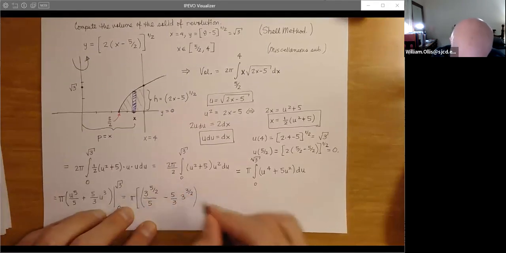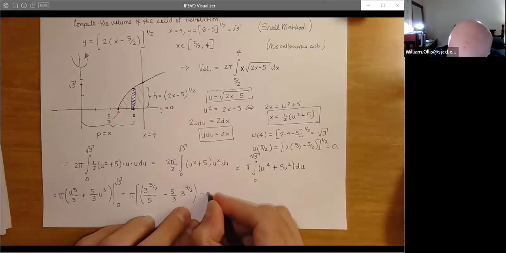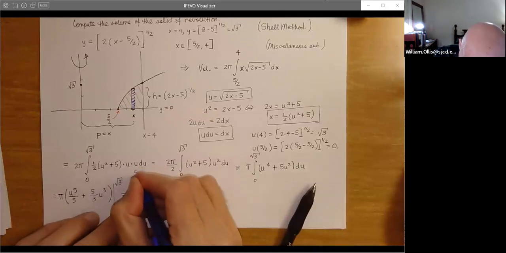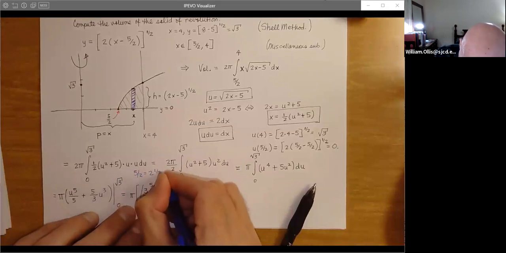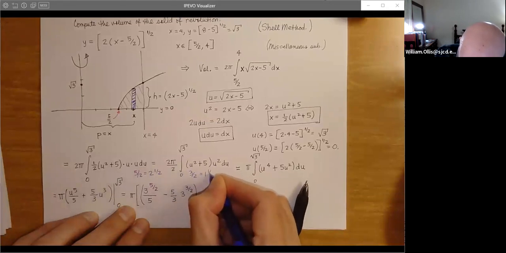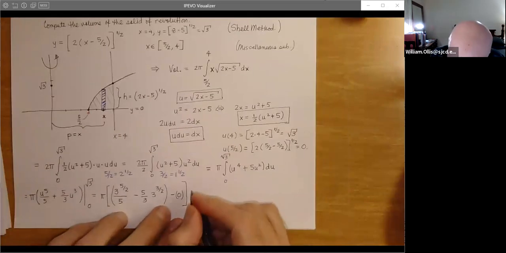And then, of course, the lower limit zeroes out both of these, so we can just say minus 0. Now, just to remind you, 5/2 equals 2 1/2. 3/2 equals 1 1/2. So that makes it easy to figure out the powers.